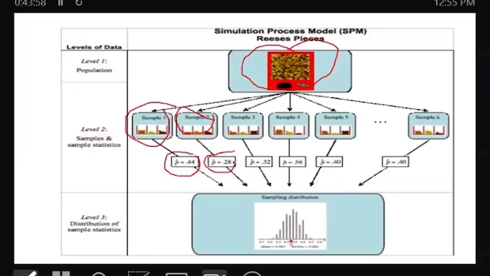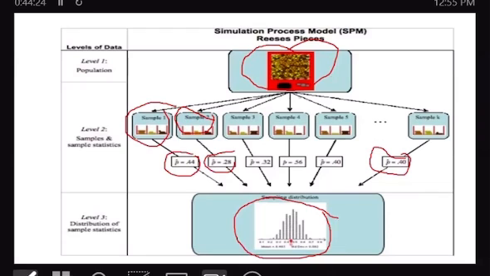Or it may even be you visiting so many times. You visit the first time, you get 0.44, the second time, the third time, all the way, you get different values. Then you generate the histogram. What do you see? Normal. Do you see that? That's exactly what we want.